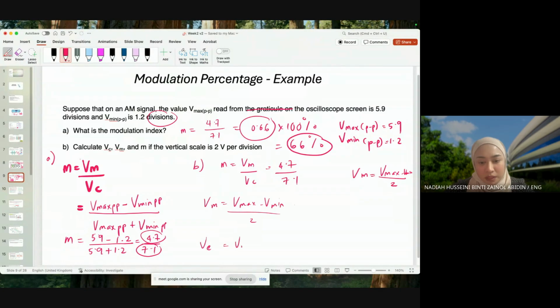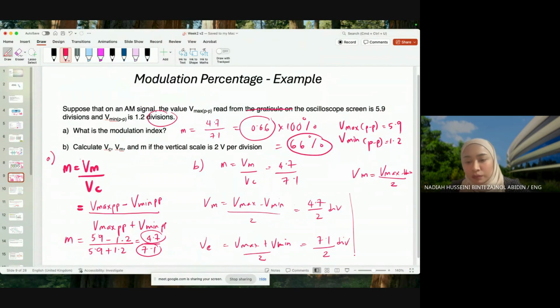Vc is Vmax plus Vmin divided by 2. So we already have 4.7 divisions for this answer divided by 2, and then this is going to be 7.1 divided by 2. This is in divisions, so we want to get rid of divisions.